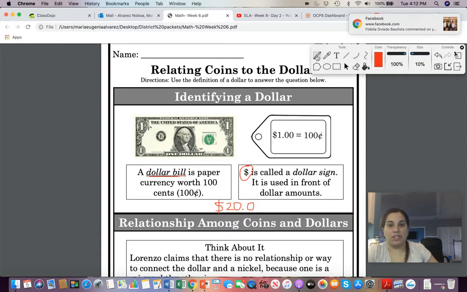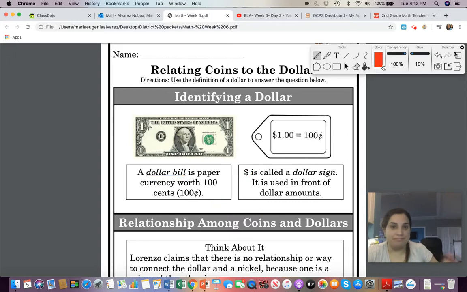So $20 and 0 cents. All right, basically, that's how you write in dollars.